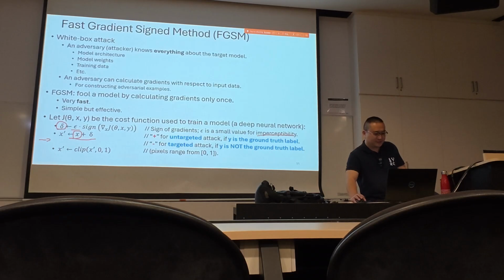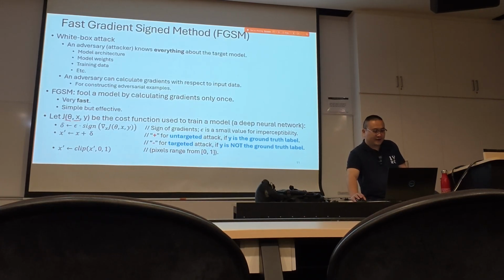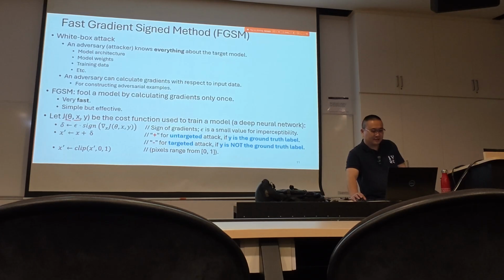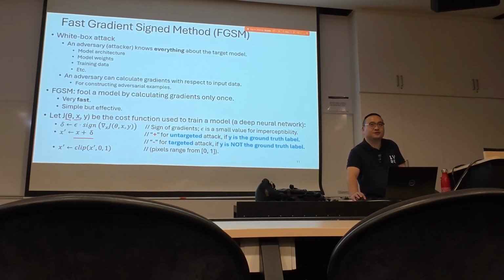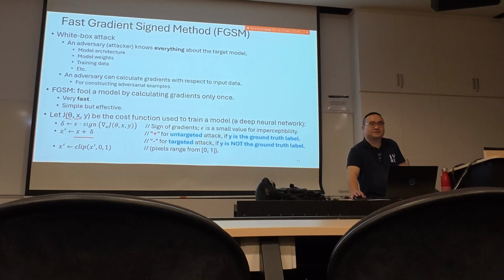The loss function does not only depend on the parameters, it also depends on the input. So when we modify the inputs along the direction of gradients, we have the same effect. We are increasing the loss function, because the direction of gradients points to the largest increase of the cost function.